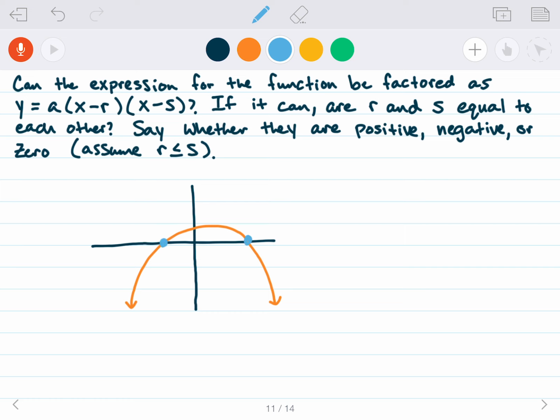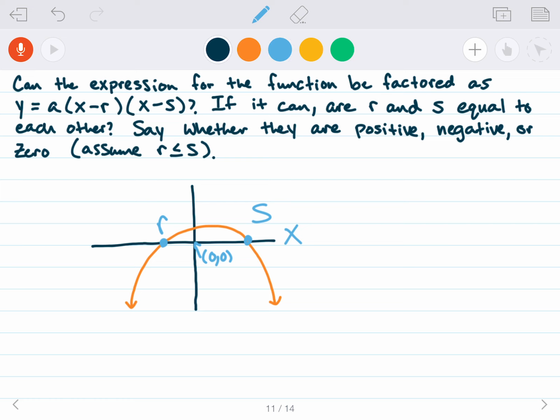Since it says R is less than or equal to S, I'm going to say that the one furthest to the left is R and the one furthest to the right is S. This is the x-axis, this is x equals 0 right in the middle, and anything to the right of it is positive and anything to the left of it is negative.